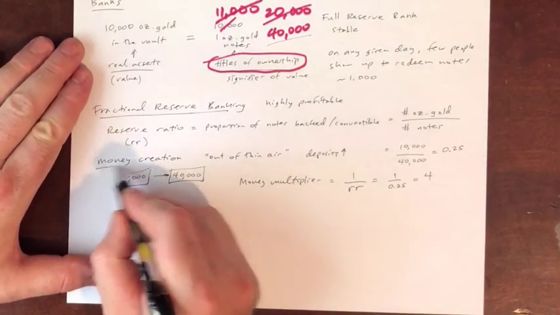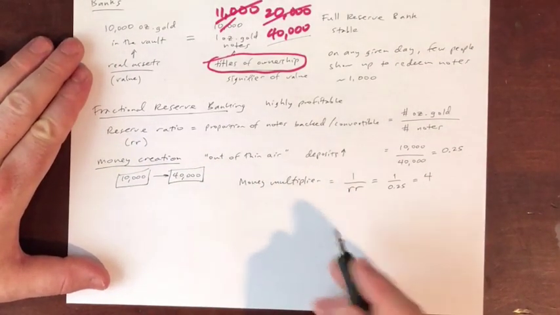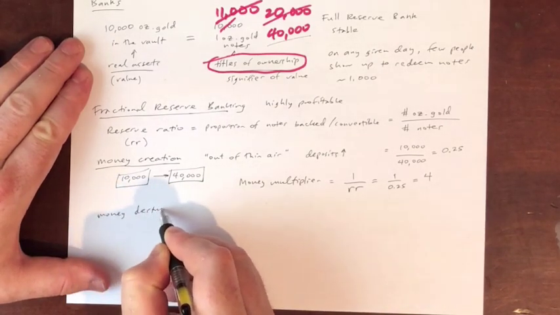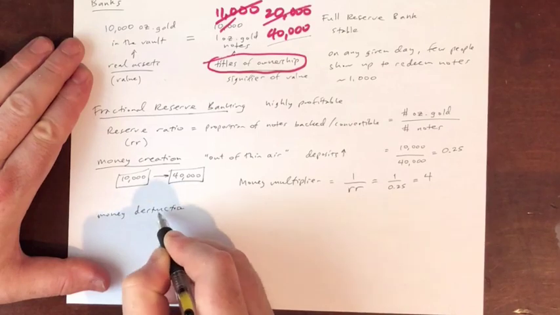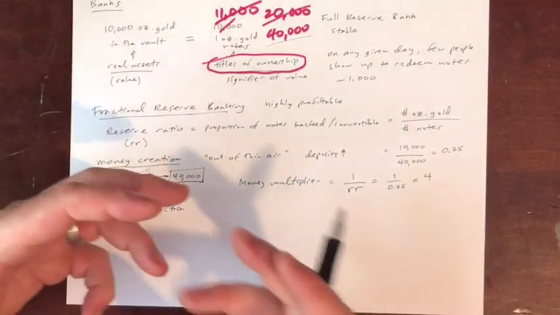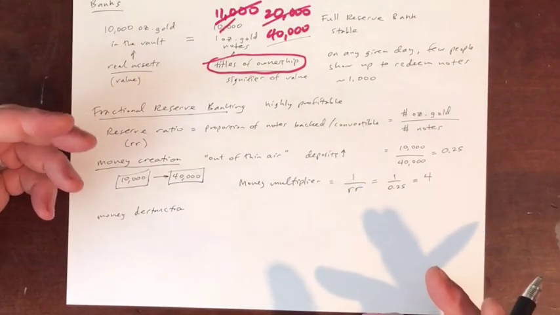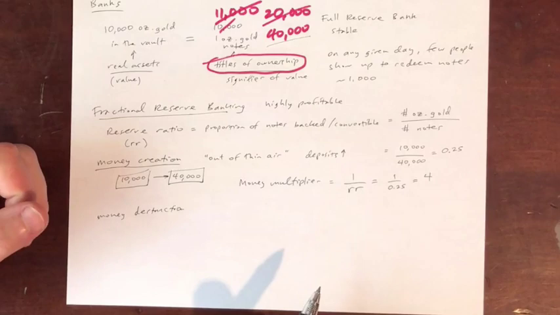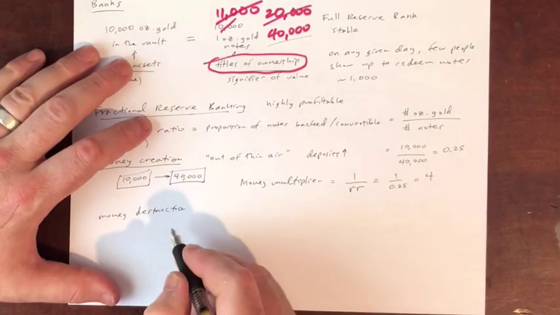Money creation is one side of it. The other side is called money destruction. Just as money is created out of thin air, money destruction means it's destroyed out of thin air. Unbelievable, right? Amazing.